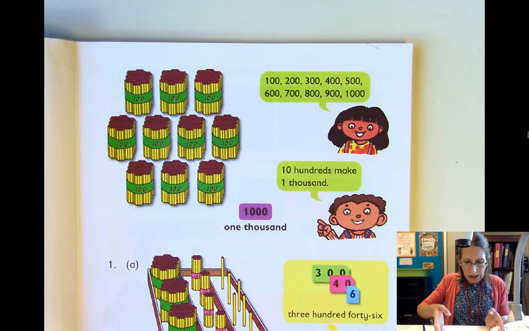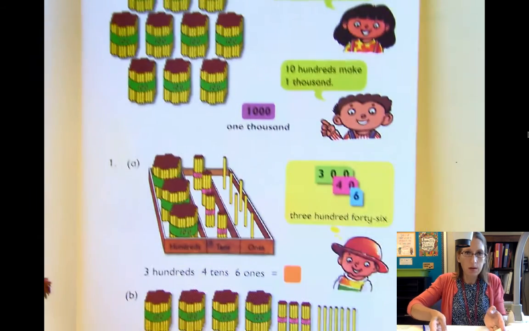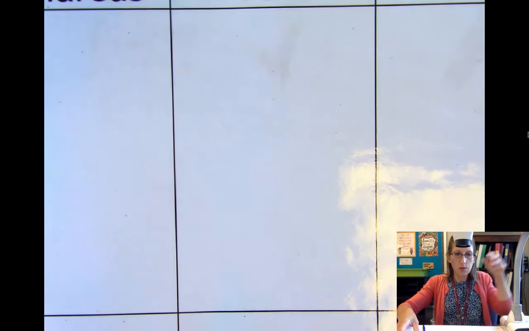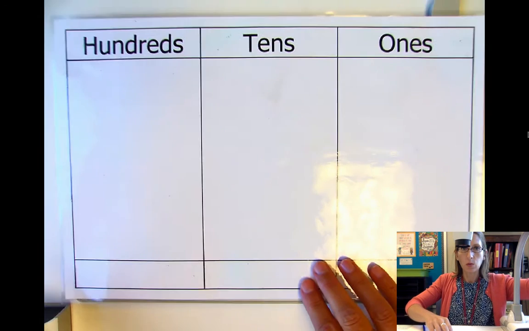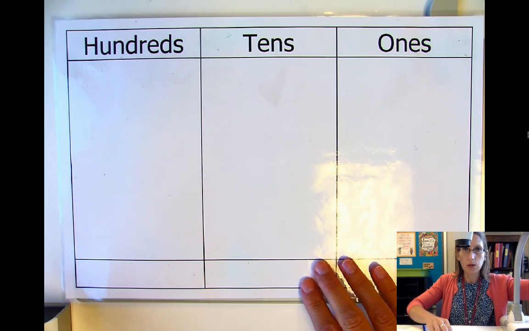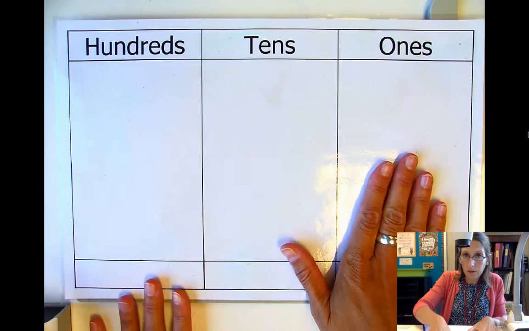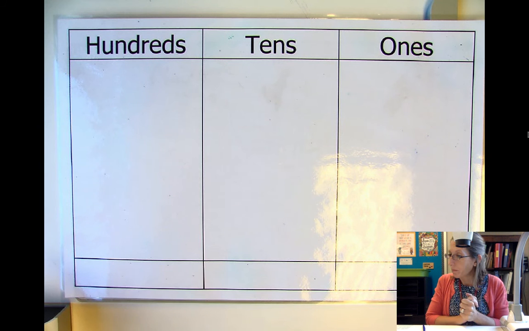Alrighty. So here we have a couple more examples, and I think for this one I'm going to show you on our hundreds chart. We can do a couple of those examples together. Oops, I'm going to have to zoom out a bit here. There we go. All right, so here we have our place value chart. There's hundreds, tens, and ones, and we're going to practice the number 346.